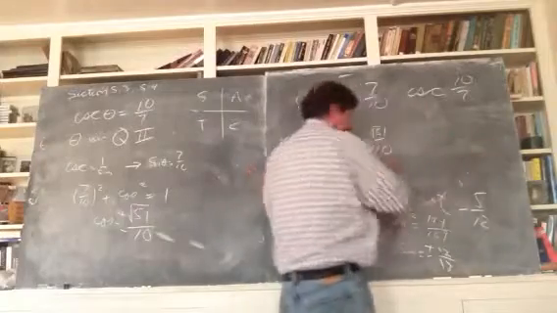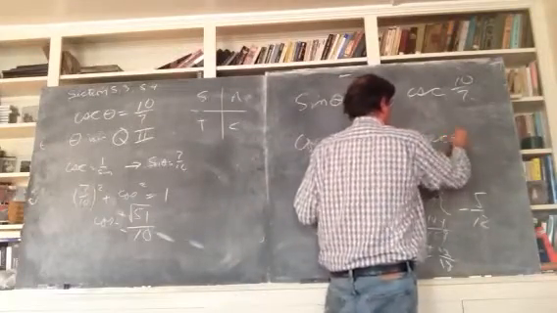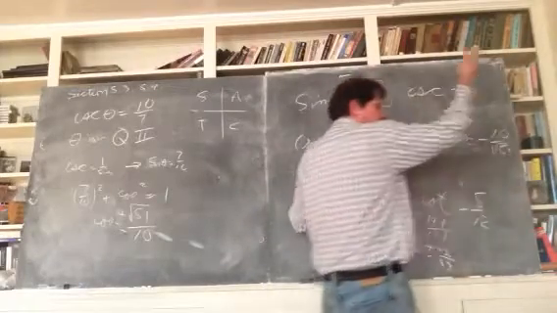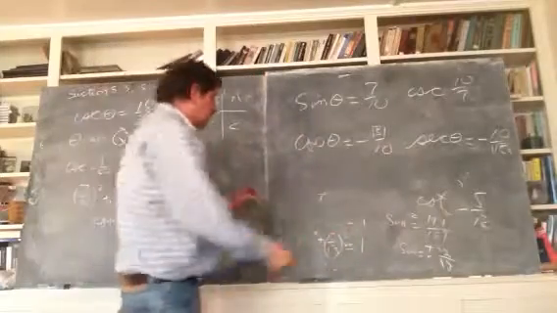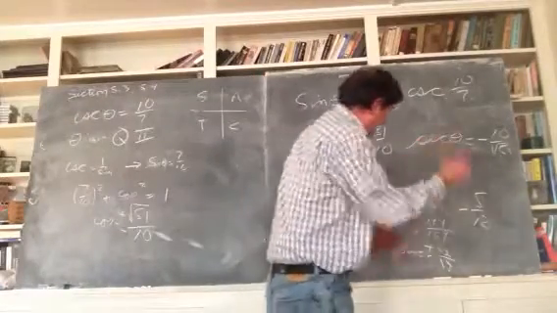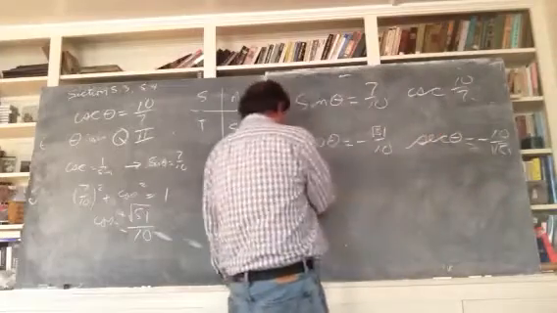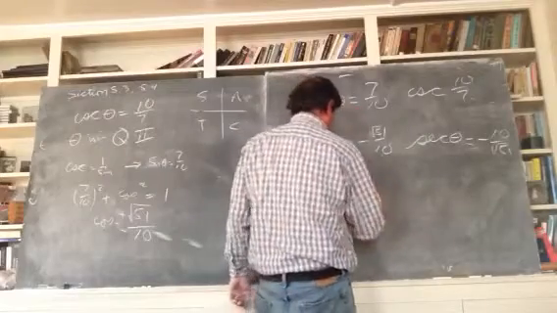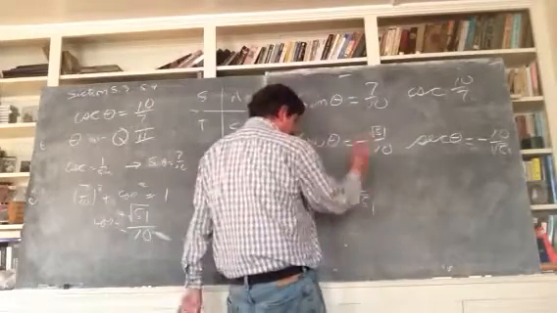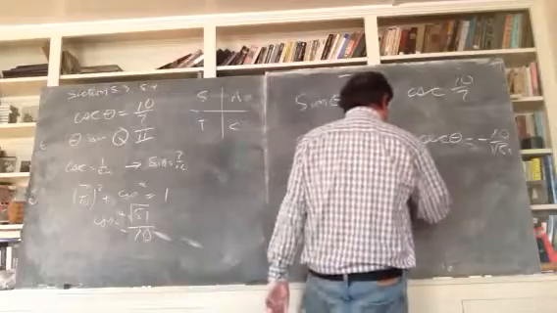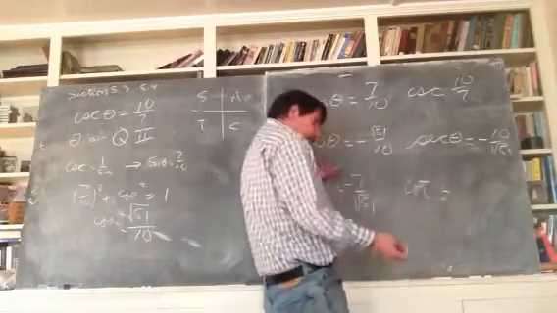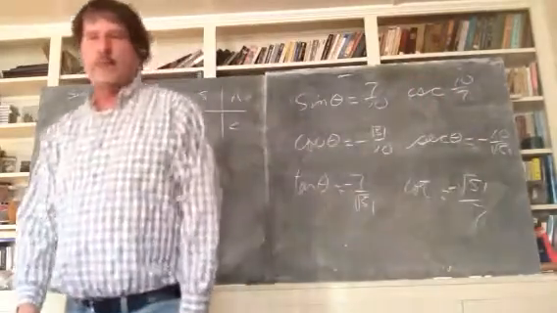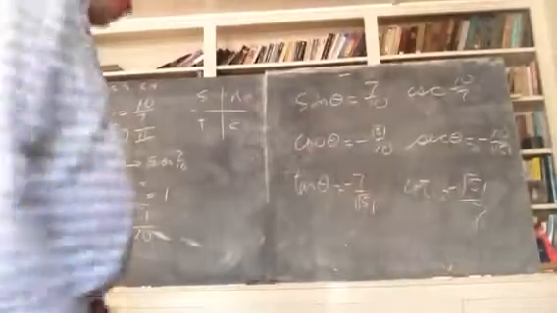And then we just flip that for secant: negative 10 over the square root of 51. You can rationalize that if you want, but you're going to have a calculator, so you leave it there as far as I'm concerned. And then tangent of theta, this one over this one: 7 over the square root of 51, but it's in the second quadrant, so that's got to be negative. Cotangent: flip it. Something that looks like that. We're going to ask you to do problems like that pretty much over and over again.